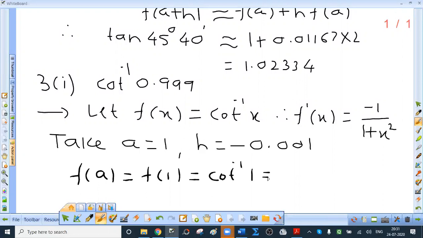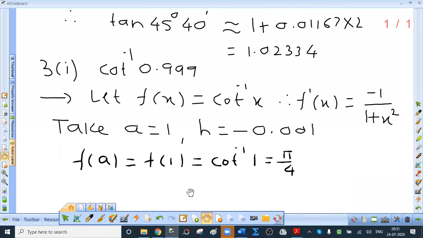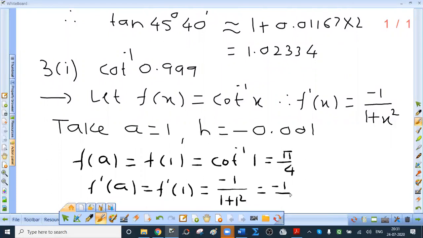What is cot inverse 1? It is pi by 4. Then f dash of a, it is f dash of 1. What is f dash of 1? It is minus 1 upon 1 plus 1 square, which is nothing but minus half.